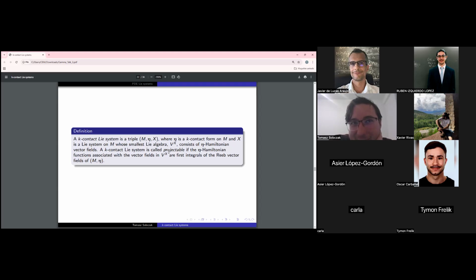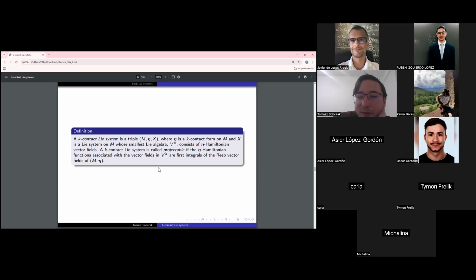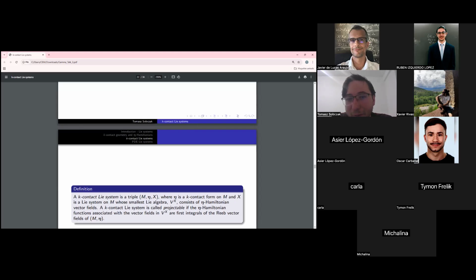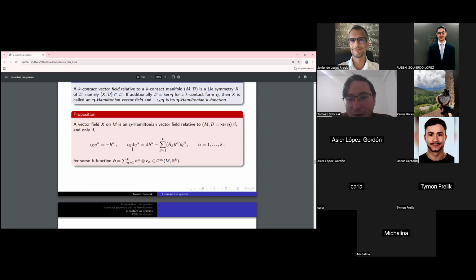So I guess the interesting thing is to find a projectable K-contact Lie system, right? In the other manner, not the non-projectable ones, because if we have a projectable one, then all the eta Hamiltonians are first integrals of the Reeb vector fields, and we are left only with these conditions here. So it's really similar to the K-symplectic case.